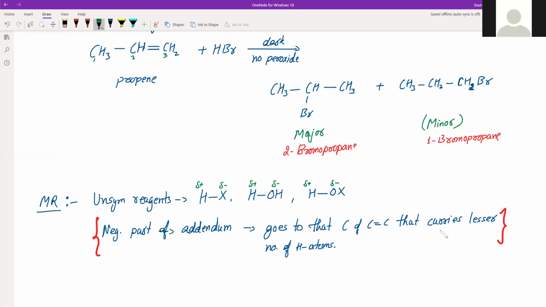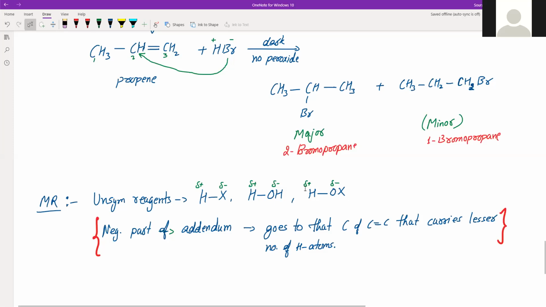Br is the negative part and H is positive. So negative goes to that carbon which has less number of hydrogen, as you can see here. C3 has 2 hydrogen, C2 has 1 hydrogen, so it attaches itself to that carbon which has less number of hydrogen. This was observed by Markovnikov, and that's why this rule is called Markovnikov's rule. So is there any explanation for this?